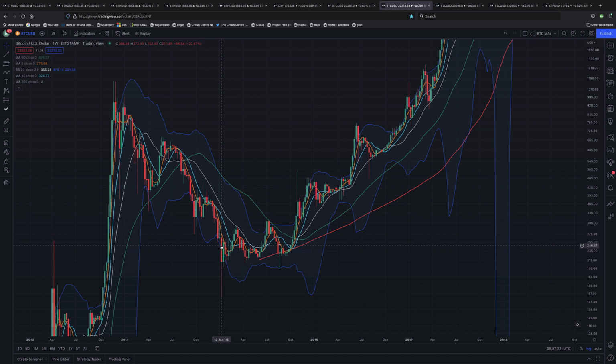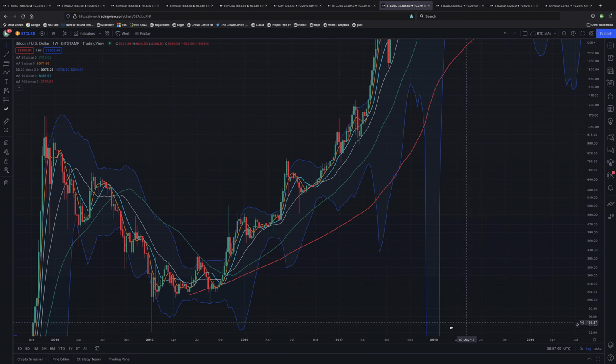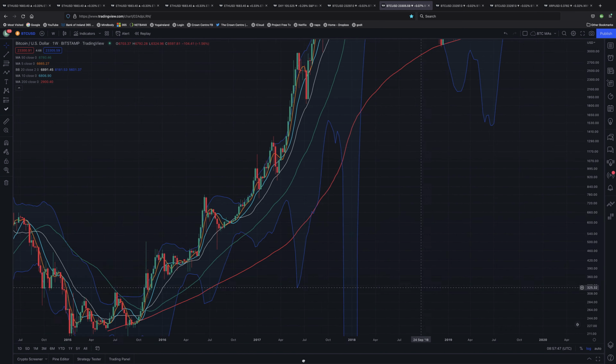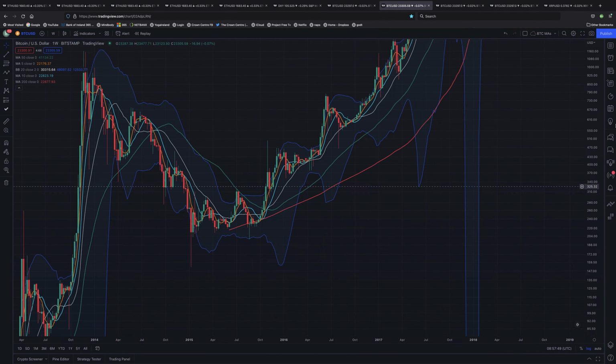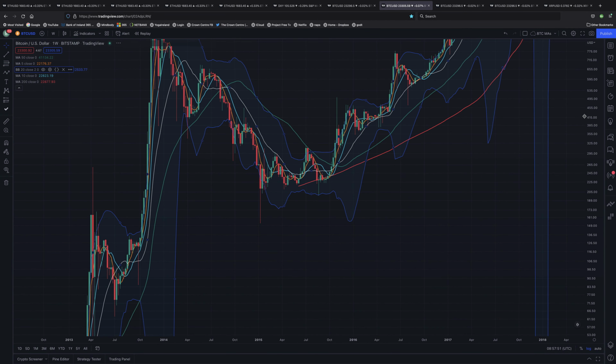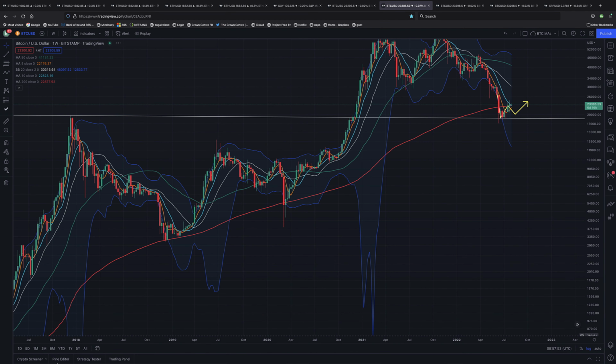So here we have from the 12th of January till the 12th of October. So 10 months. 10 months of consolidation, whereas here, where we are right now, this is it. This is what we're calling the bottom.